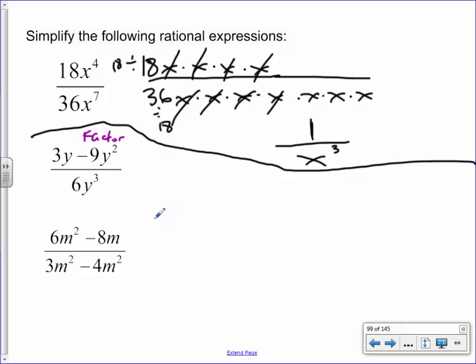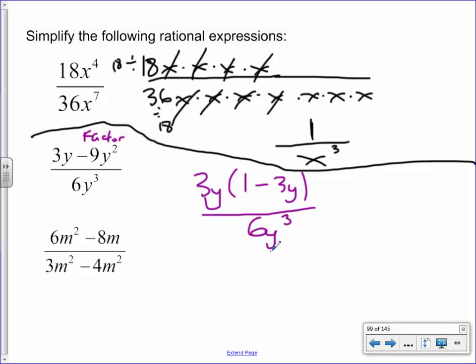So what can you factor out of that? Good, yeah, 3y. If you factor a 3y out of a 3y, you're left with 1. And if you factor the 3y out of the 9y squared, you're left with 3y. And just double check your work, right? 3y times 1 is 3y. 3 times 3 is 9, and y times y is y squared.